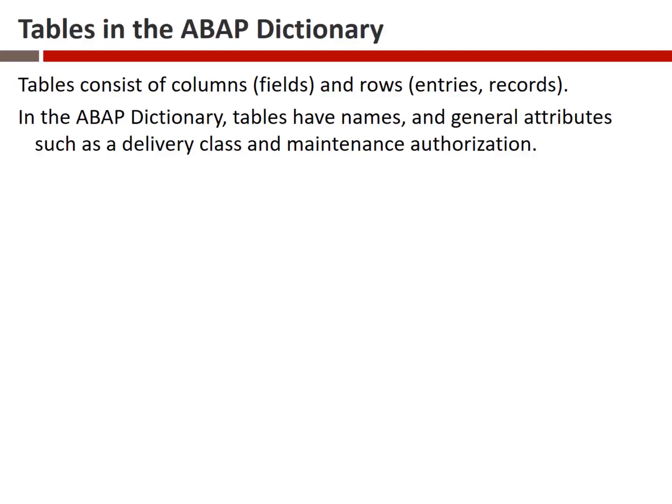Now, who can give us a quick overview of what the difference is between master data and transaction data? Master data is not going to change very often, whereas your transaction data is constant.